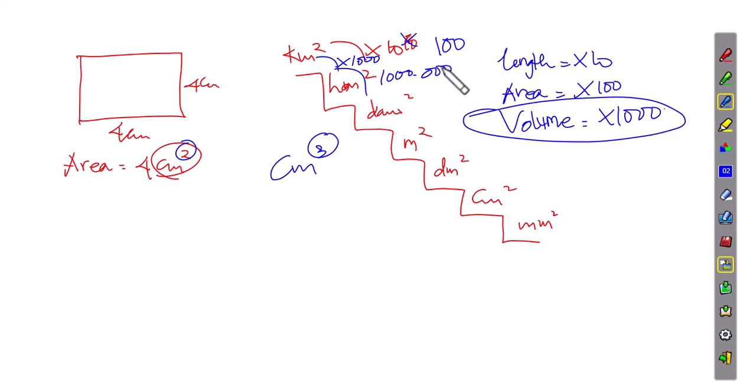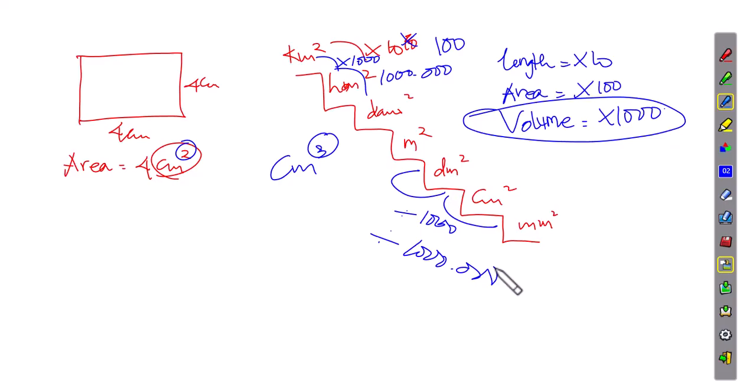And when they go up one stair, you divide it by 1000. And when you go up two stairs, you divide it by 1 million. So the concept is just the same.